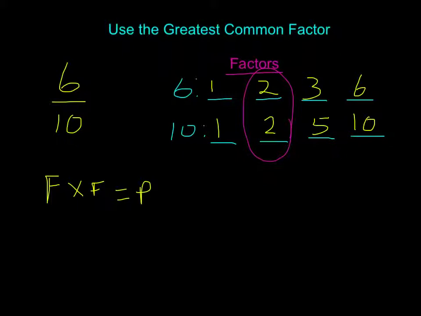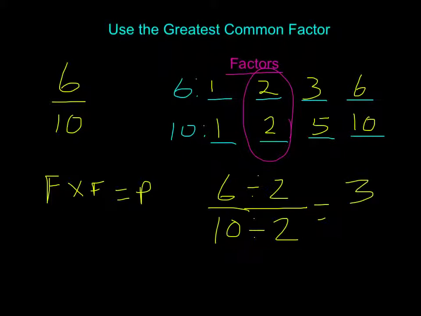So now we're going to take our fraction from up above, 6/10, we divide it by 2, and we automatically will get our simplest form. 6 divided by 2 is 3, and 10 divided by 2 is 5. Neither one of those can be divided equally by anything but 1, so 3/5 becomes our answer.